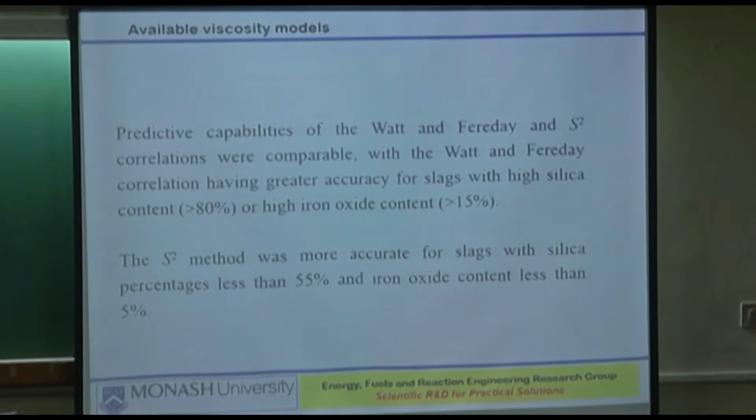The S squared method was more accurate for slags with silica percentage less than 55% and iron oxide content less than 5%. Again, that observation was made based on the viscosity results that have been published by others, and then looking at the predicted values from this one, how they match with the experimental values that have been published.